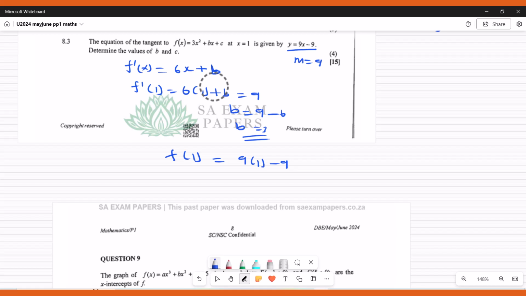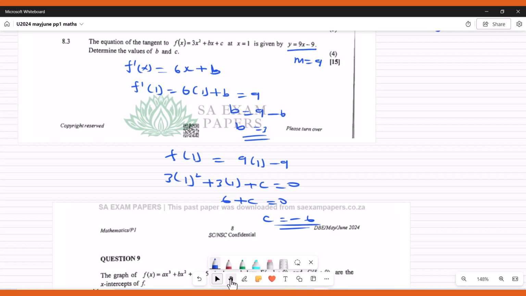But my f of 1 here, I'm going to say 3, open bracket, 1 squared, plus b, which I know now is 3, times 1. Then I'm looking for c, so plus c equals to 0. So 1 squared is 1 times 3, 3 plus 3, I get 6. So 6 plus c equals to 0. I get my c as negative 6. Okay, let us move on now.